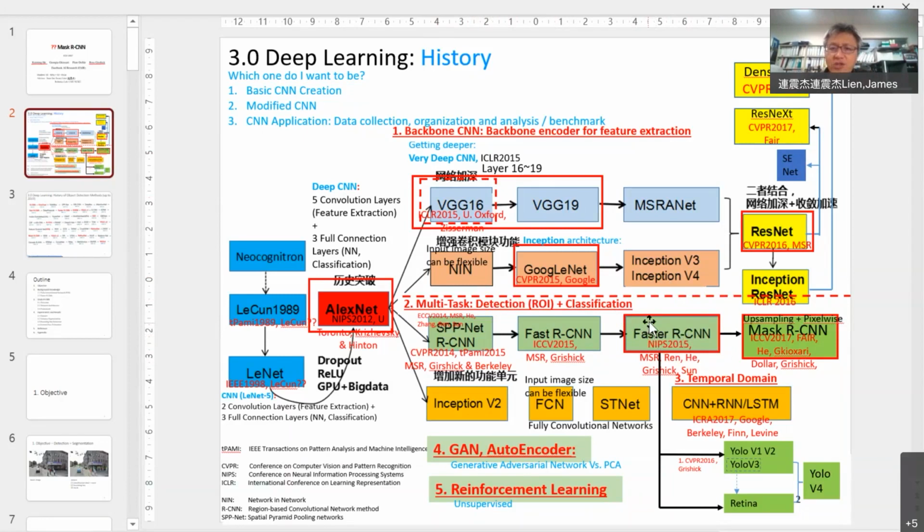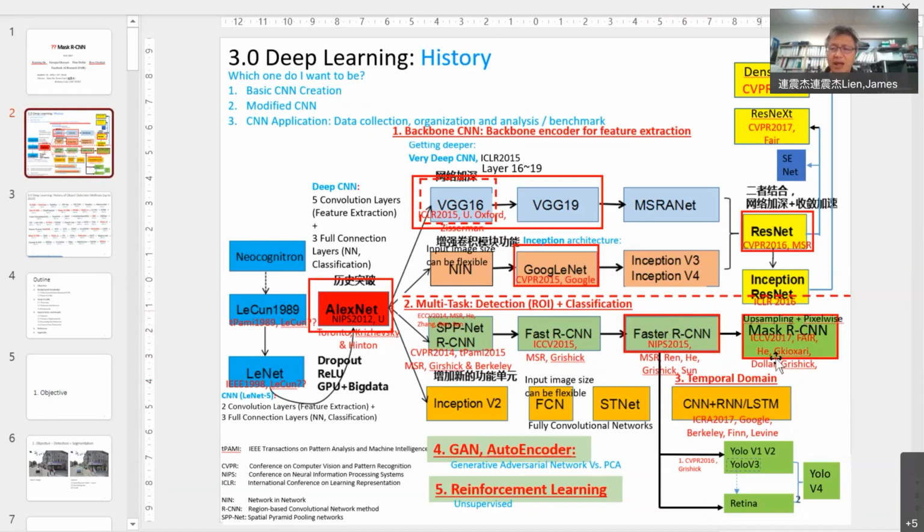In the last lecture, 2 weeks ago, we talked about Faster RCNN. That was in year 2015, and the authors are very famous. Two years later, in year 2017, almost the same authors improved Faster RCNN to Mask RCNN, and Mask RCNN is for segmentation.